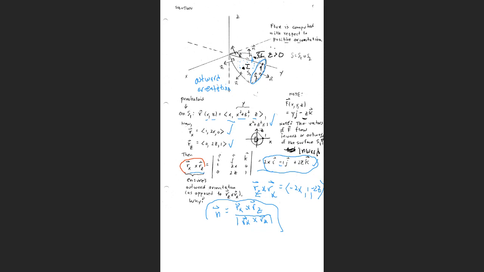Based on the components here, right? The components are 2x, comma, negative 1, comma, 2z. How do you know that's the right order to do the cross product? Look at the components. In particular, I want you to focus on the component of j, which is negative 1.